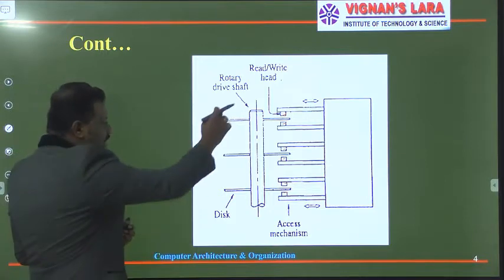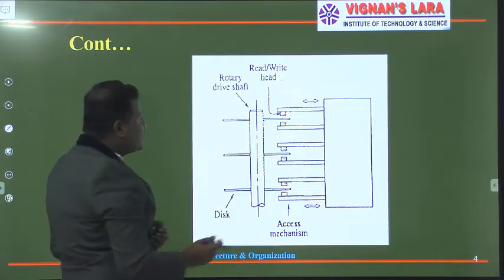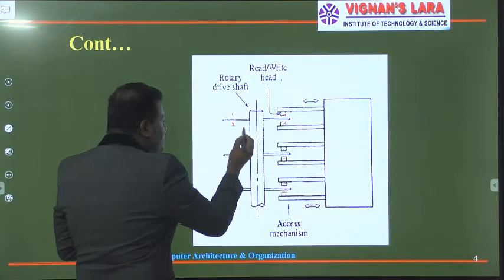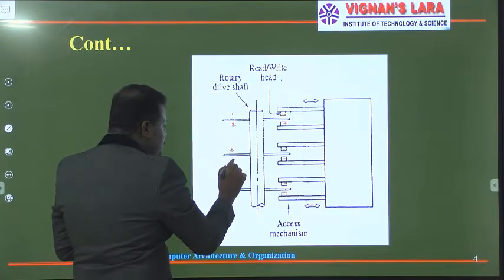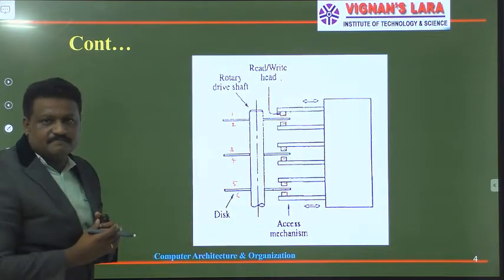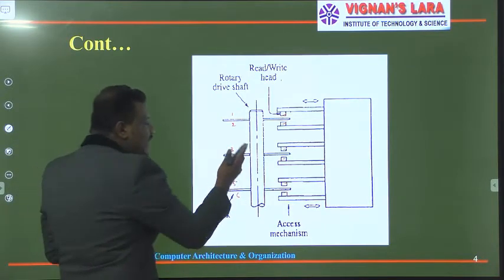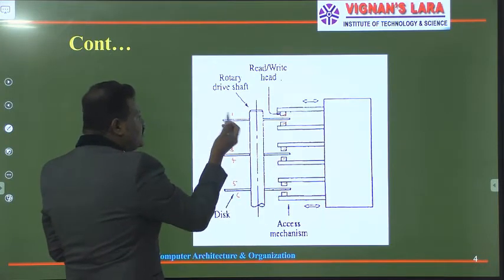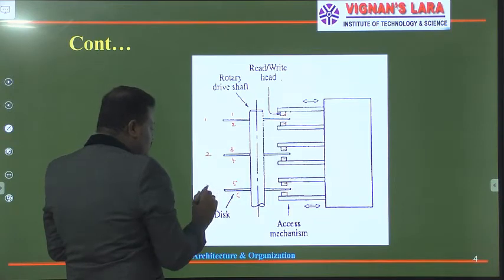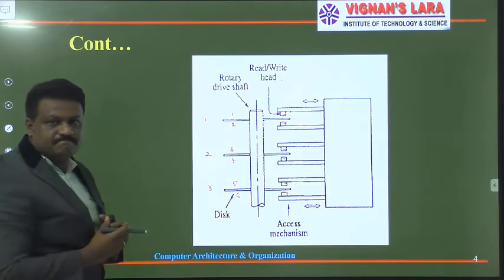For example, I have 3 disks. I can give the surface numbering like this. This is surface 1, surface 2, surface 3, surface 4, surface 5, and then surface 6. I can give disk numbering also. This is the first disk, this is the second disk, and this is the third disk.